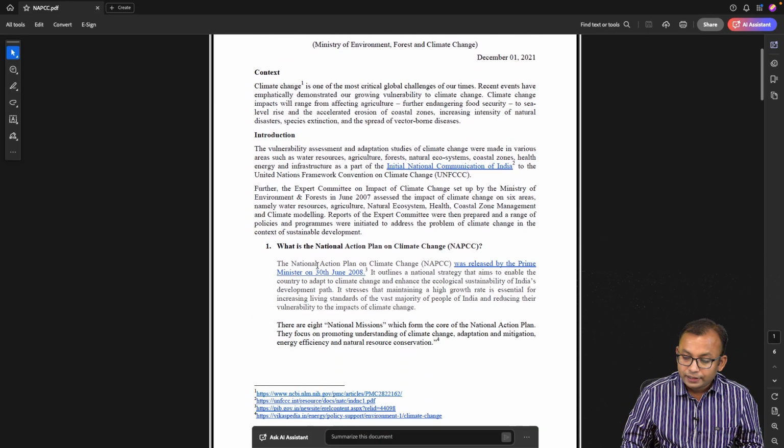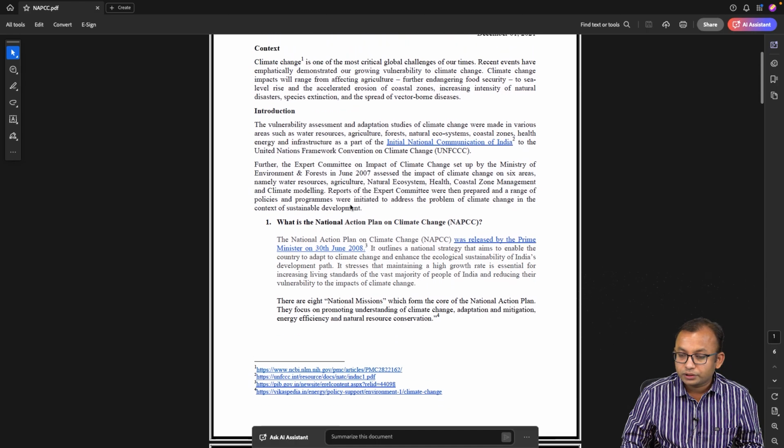So, they are looking at different types of areas, for example, water resource, agriculture and natural ecosystem, health, coastal zone management and climate modeling.